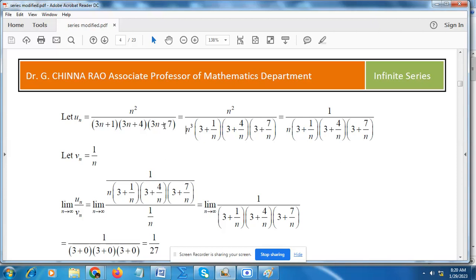So n into n into n, n cube. And then cancel it. We get 1 by n. Finally, the highest n in the term is 1 by n. Okay. So you choose 1 by n as Vn. Vn should be either in the form of r power n or in auxiliary form, that is 1 by n to the p form. Okay.